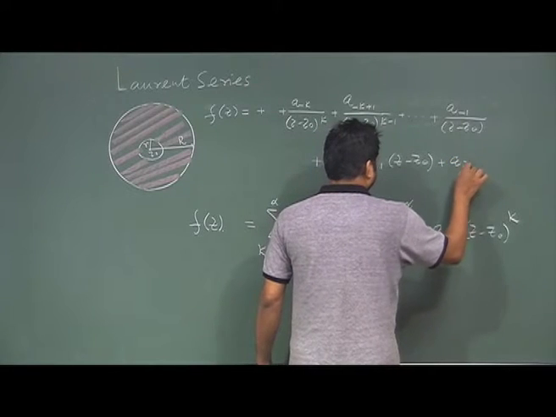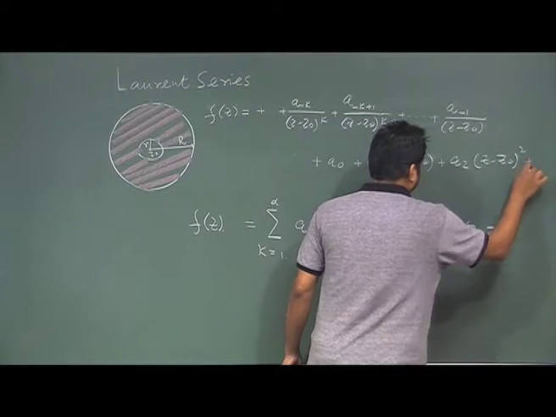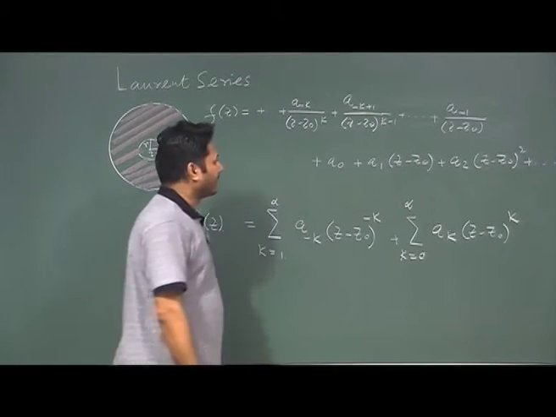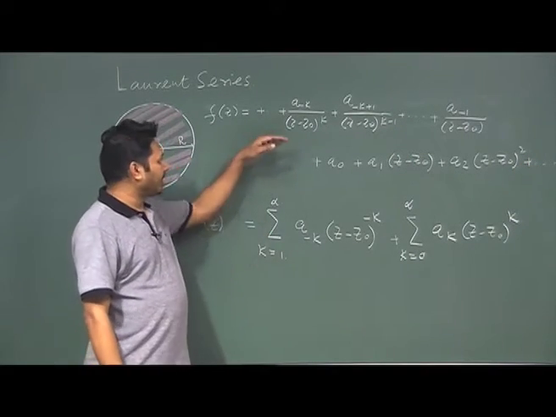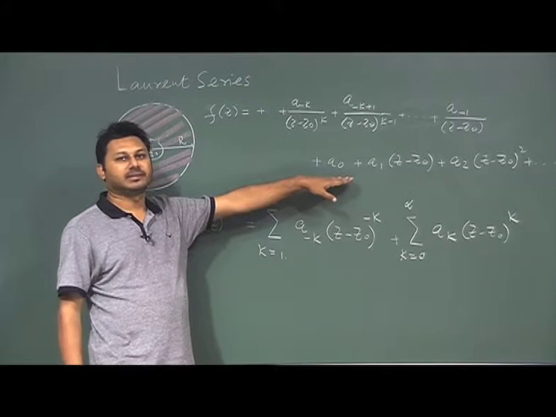Just expand this thing and try to find out how this expansion looks. Some portion has 1 by (z - z0) terms and some portion has (z - z0) terms.